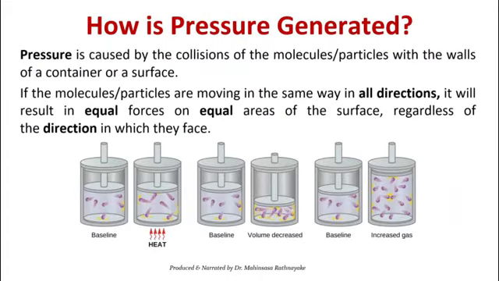Then, how is pressure generated? If you explain it by chemistry and elemental physics, you can say that pressure is caused by collisions of molecules and particles with the walls of a container or a surface, or in between the molecules. Even though the molecules are moving in arbitrary directions, when we consider pressure, there will be equal forces on equal areas of surface, and we will not consider the directions in which the particles or molecules are moving, right?